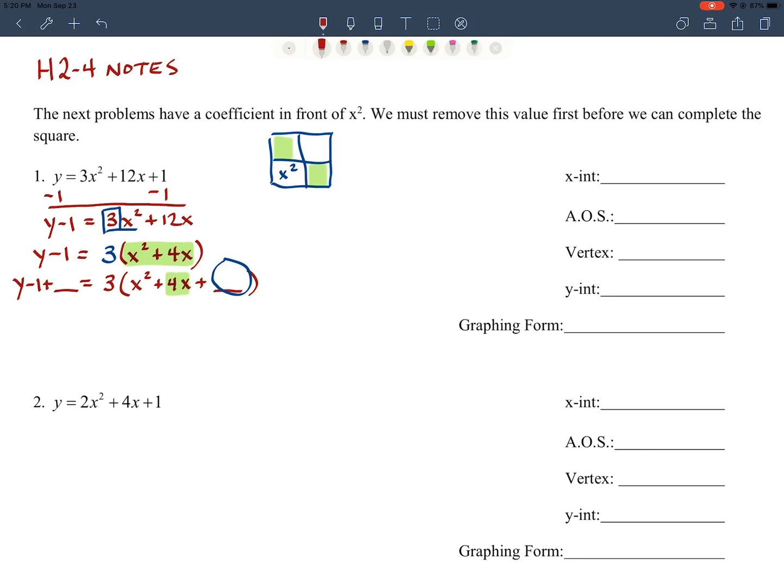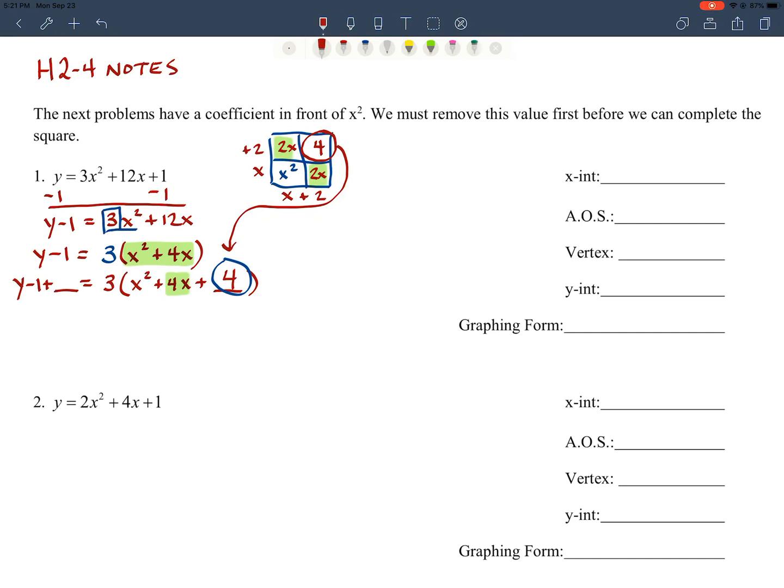So in this case, we've got 4x's, so we'd have to put 2x here and 2x here, which would then give us x plus 2 and x plus 2. But we still haven't completed the square yet. To complete the square, 2 times 2 would give us 4. So the value that we would need to add in to our expression here would be a 4. Now we have that perfect square trinomial.